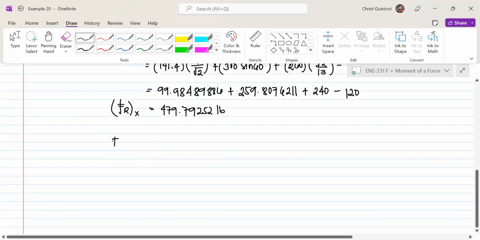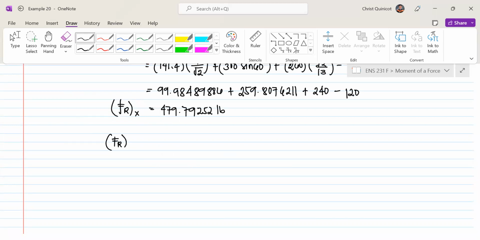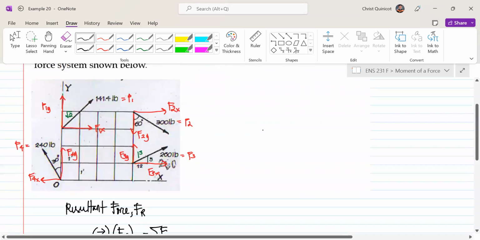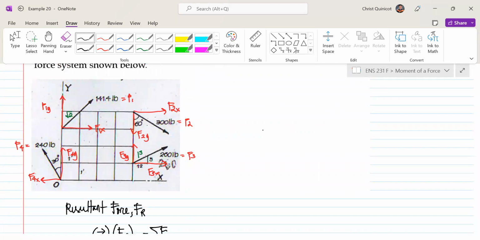The y component of our resultant force is equal to the sum of all the forces in the y direction, assuming upward positive. Therefore this is equal to, we start with our upward forces, so that's all forces except F sub 2.